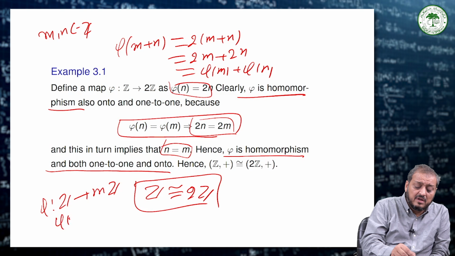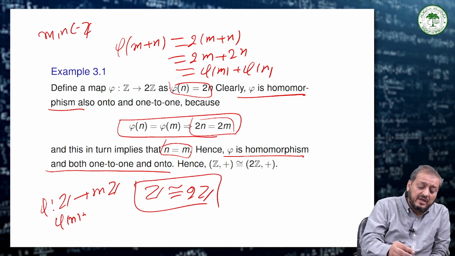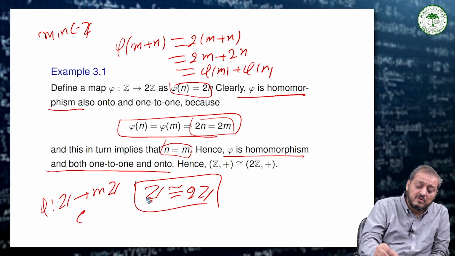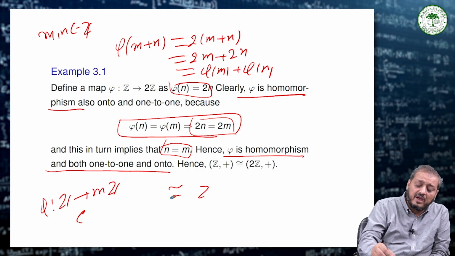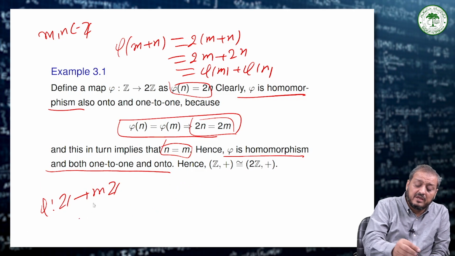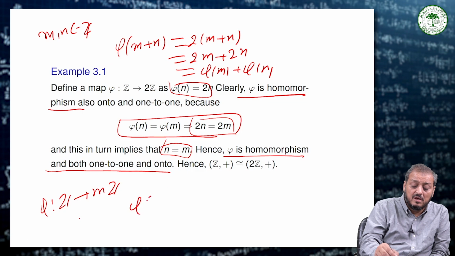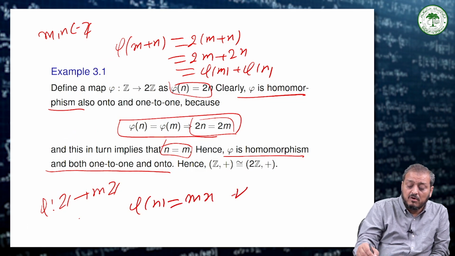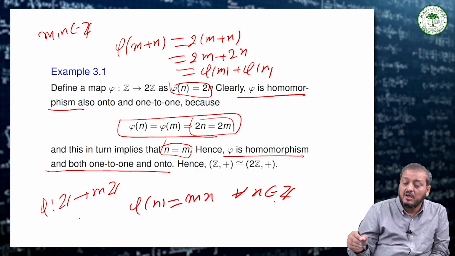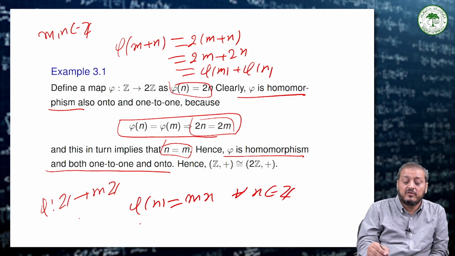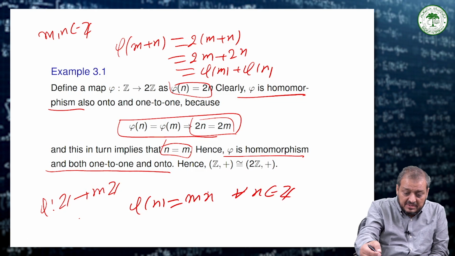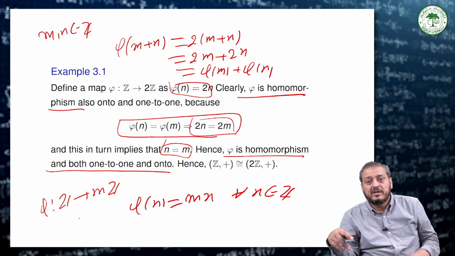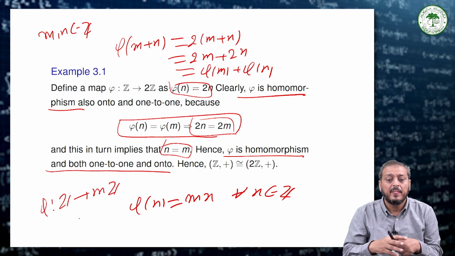We define phi of x as m times x for all x an element of Z. So, this is clearly again a homomorphism, and in place of 2Z, we can generalize this to the case of mZ.